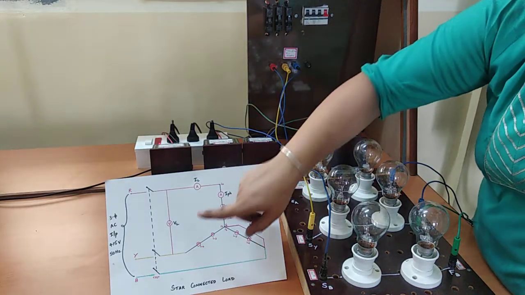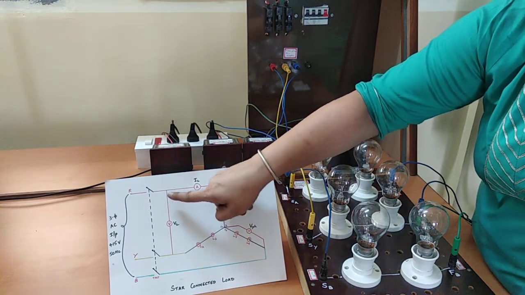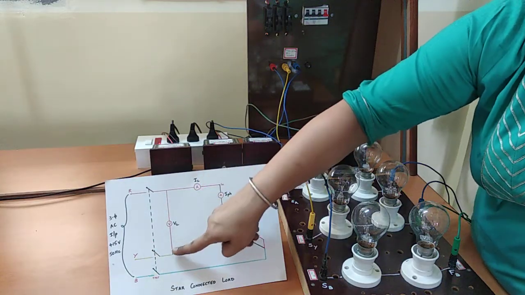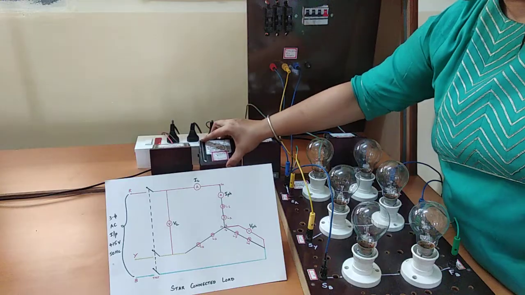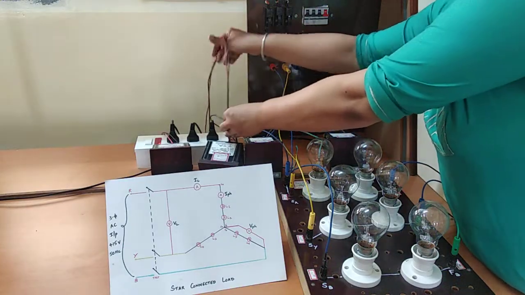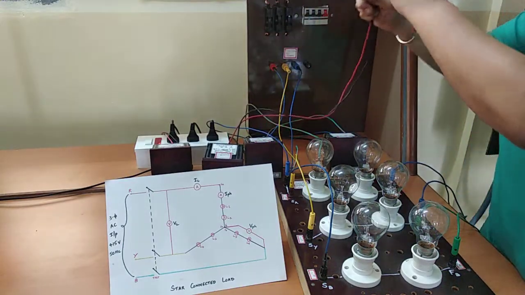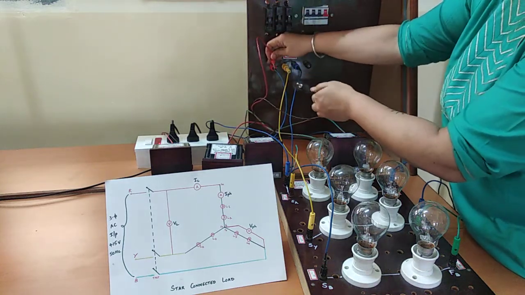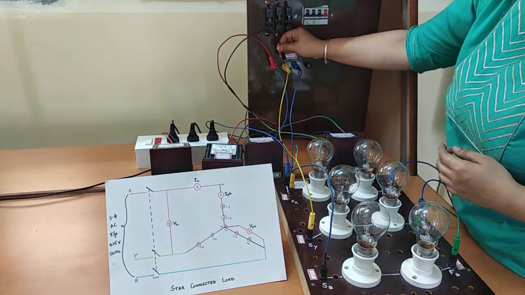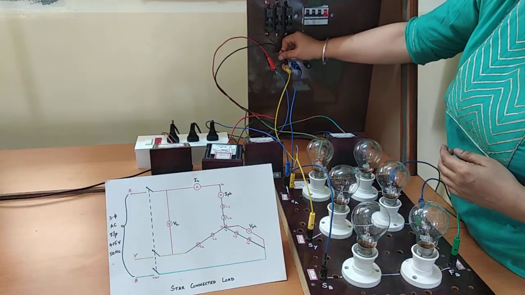Now, we have to connect the voltmeter VL across R and Y terminal. So, this is R and Y. We take a voltmeter and connect it across R and Y terminals.